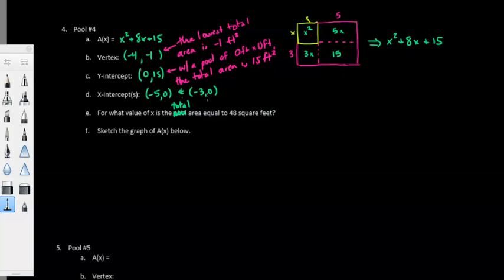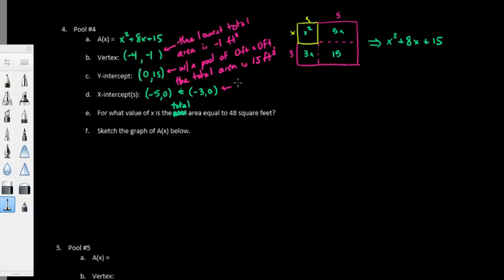And what does this mean from a real world standpoint in terms of this scenario? It means that -5 or -3 would be the values of x that would give us 0 total area. That might not make a lot of sense in the real world, because we know we're never going to have pools that are -5 feet wide or -3 feet wide. But that's kind of what it means.